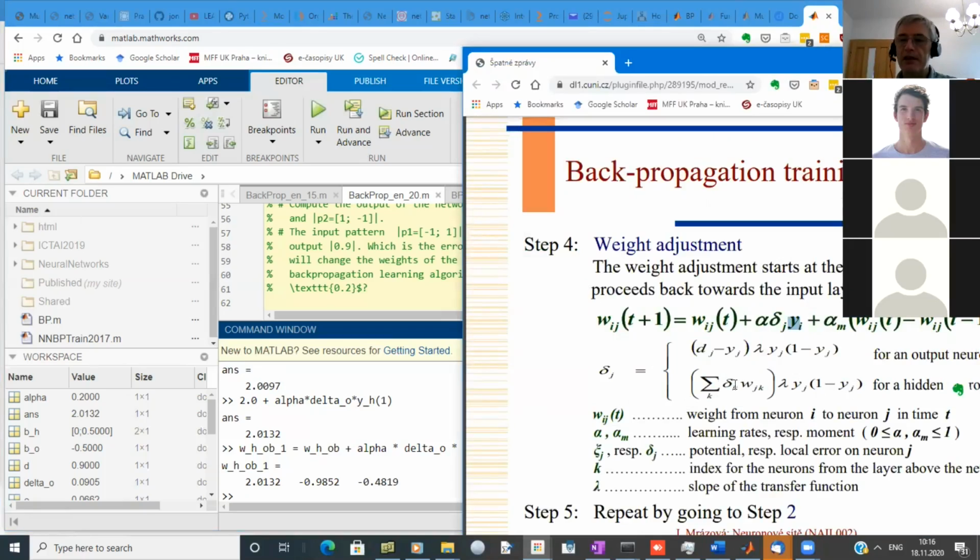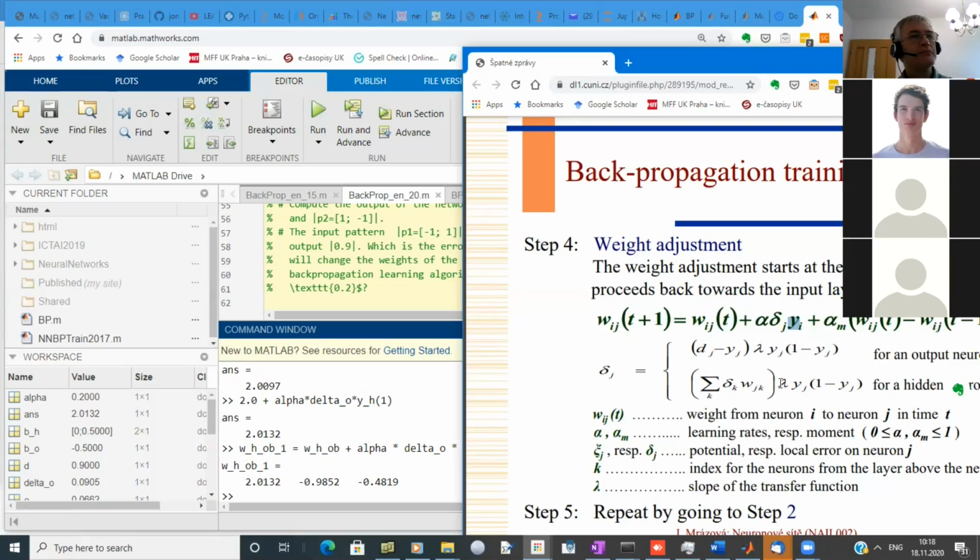Be aware, in this formula, J will index neurons in the hidden layer, and K will index neurons in the output layer. In our case, we have just one neuron in the output layer, so this sum will be just one term, one multiplication for a single delta term.